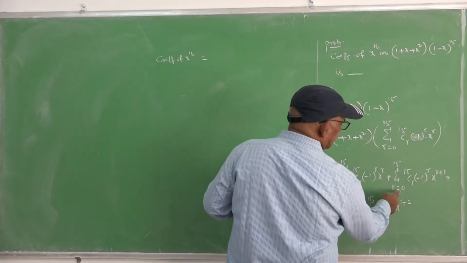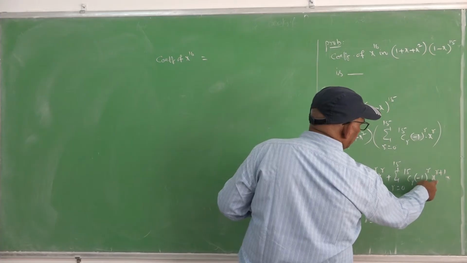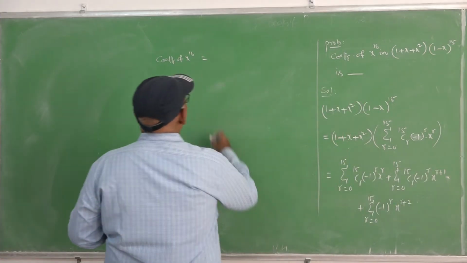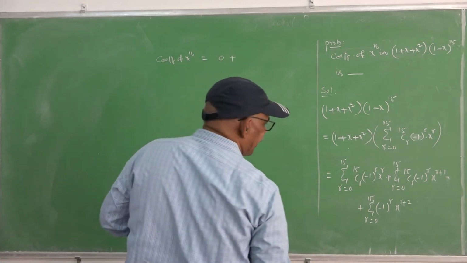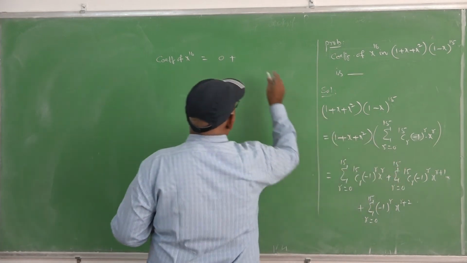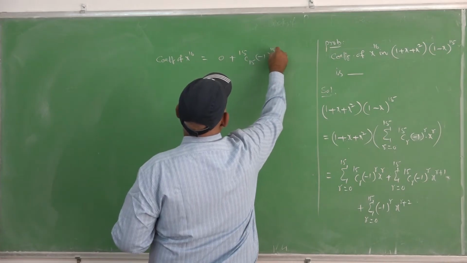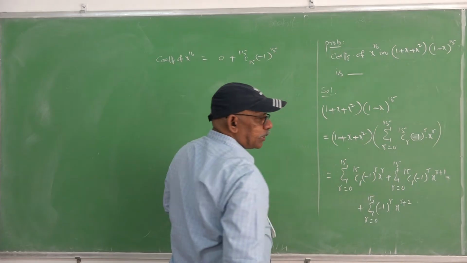Taking the maximum value of r equal to 15 here, we get x power 16. So in this first expansion the required term is 0, no such term, no coefficient. In the second one, it is obtained for r equal to 15. So 15 C 15 into minus 1 whole power 15. That is the coefficient of x power 16 in this expansion.